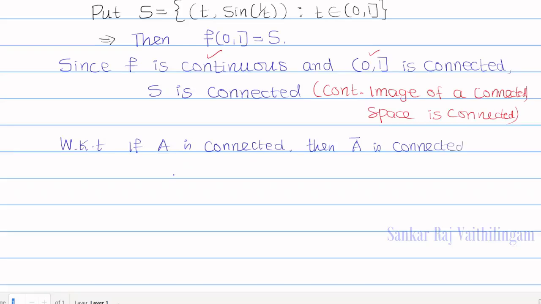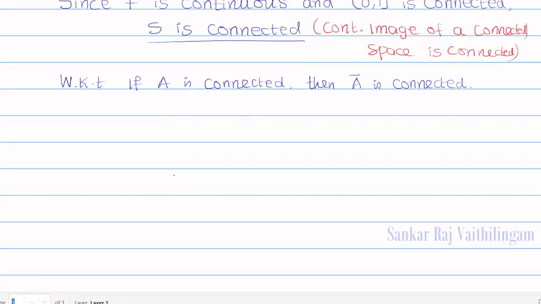In this theorem, we know this. So since S is connected, we have that the closure of S is connected. Hence my S closure is connected.